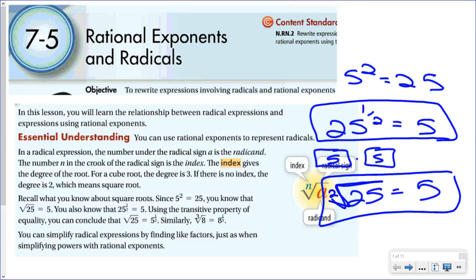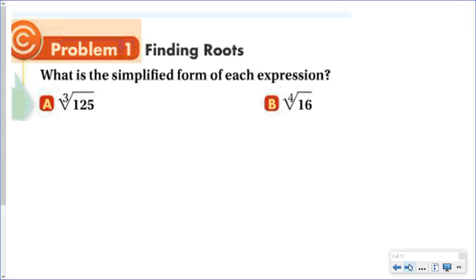So the square root of 25 is the same thing as 25 raised to the 1/2 power, because the power on the 25 is a 1, and the index number is the 2. And that leads us to our next page here, guys.